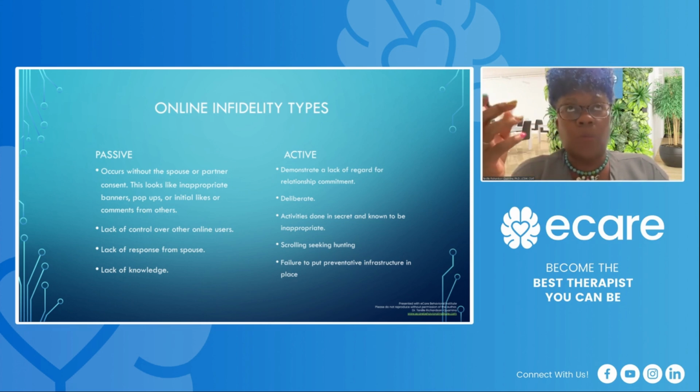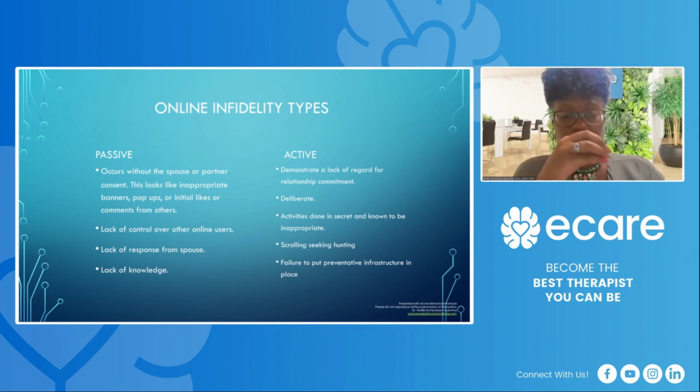Also, when you're on these social media sites, people are initiating likes or comments, other people that you haven't reached out to, people that you're not engaging with in an emotional or a physical or online infidelity way. They're liking your picture, they're making comments. Some of them might not be appropriate. Your partner may not like them.